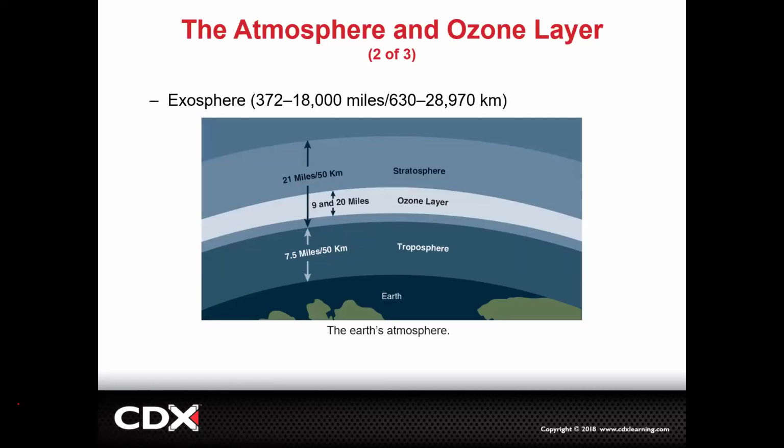Okay. Sure. So you got a few things going on here. Exosphere, right? We got a bunch of layers. The important one is, check this ozone layer out right here. Above the troposphere, we should have this ozone layer. It should be around 9 miles from the Earth and up to 20 miles from the Earth. Okay, that's the ozone layer.